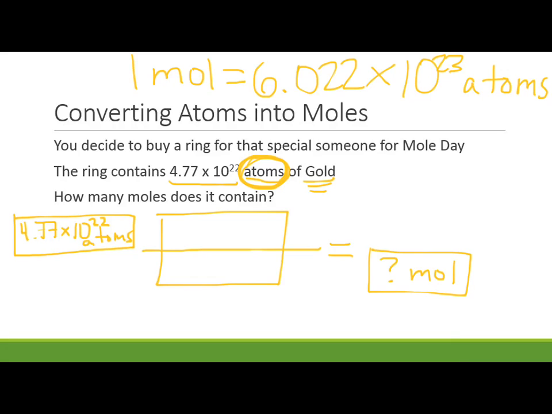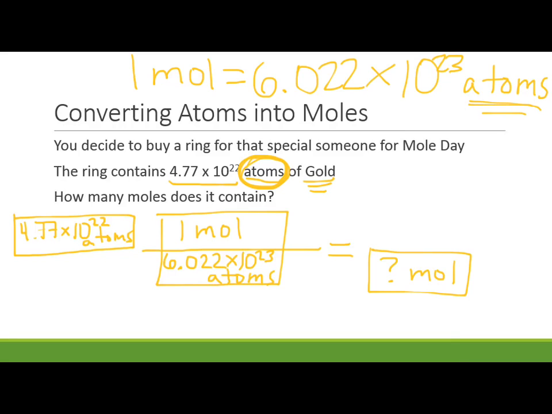It doesn't matter what this thing is here. In this case, we're talking about atoms, so we're going to make sure that it says atoms on that part of it. Okay, so let's go ahead and put our 1 mole up on top, and we're going to put our 6.022 times 10 to the 23rd atoms down on the bottom. Now, why did we put that on the bottom?